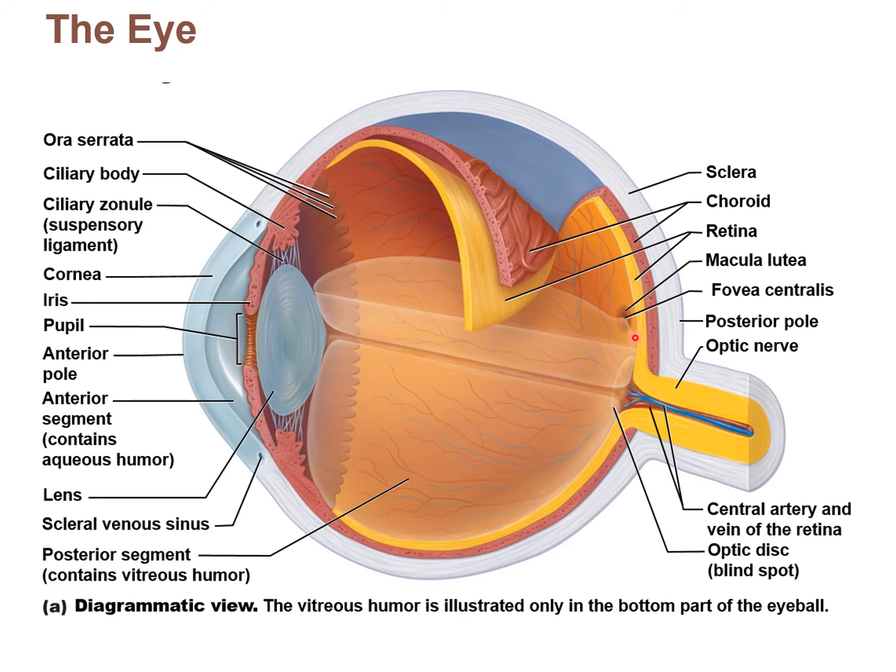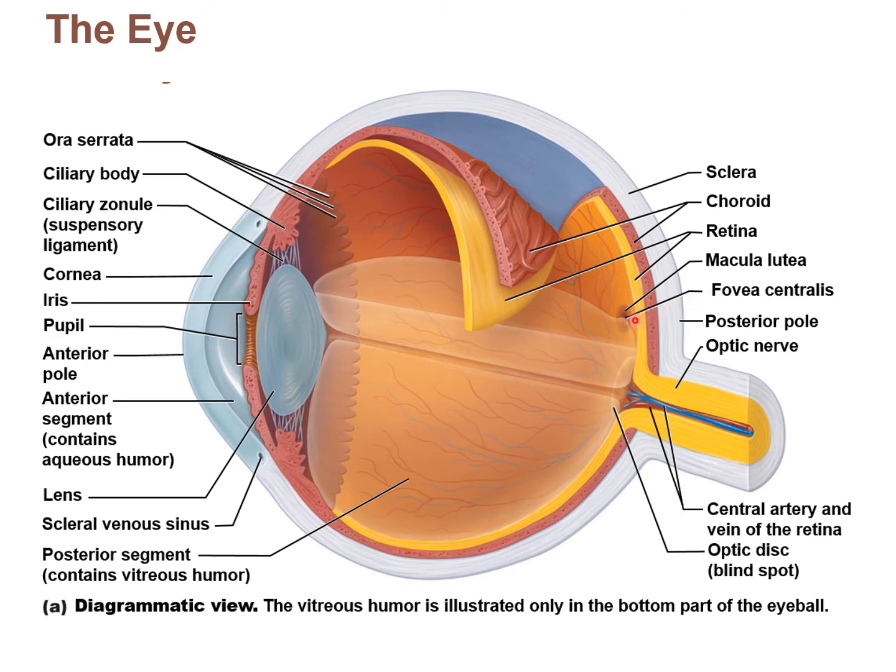The most cones are in this area right here, which is almost straight on. If you're looking at something straight on, this is your macula lutea. There it is, macula lutea. That area is mostly all cones, very few rods. But right in the center of the macula lutea, there's a little pit called the fovea centralis.